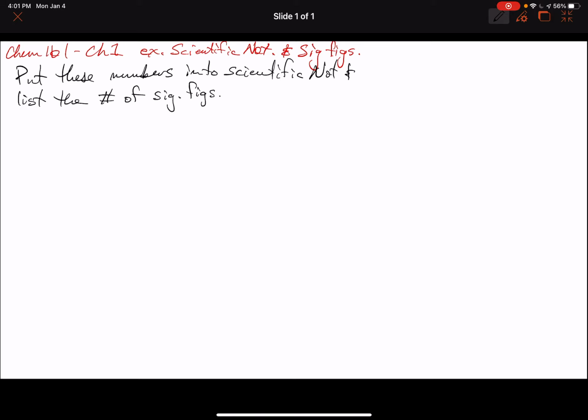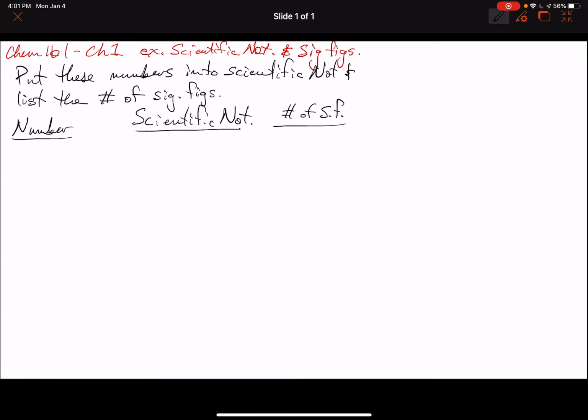Okay, so we'll have the number here. We'll have the scientific notation here. And we'll put the number of Sig Figs here.